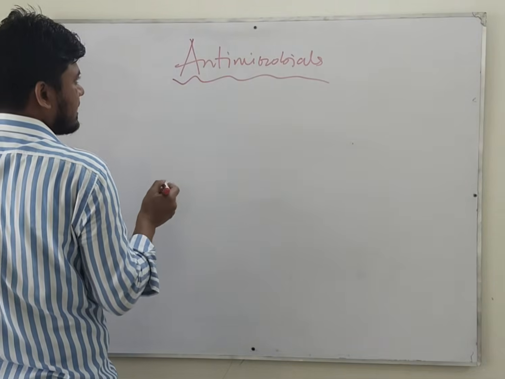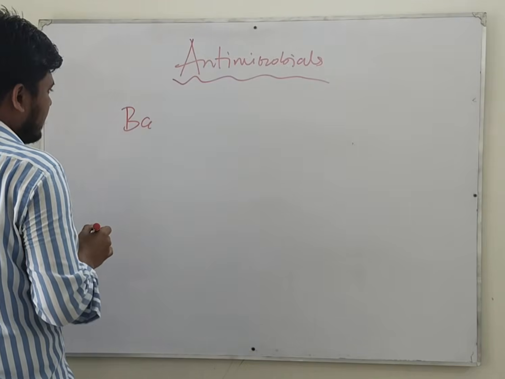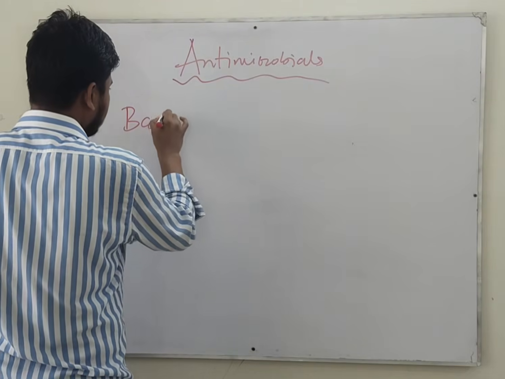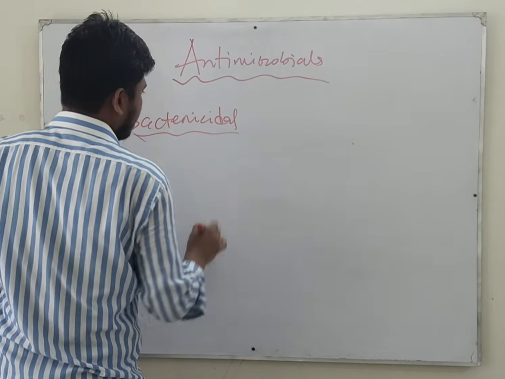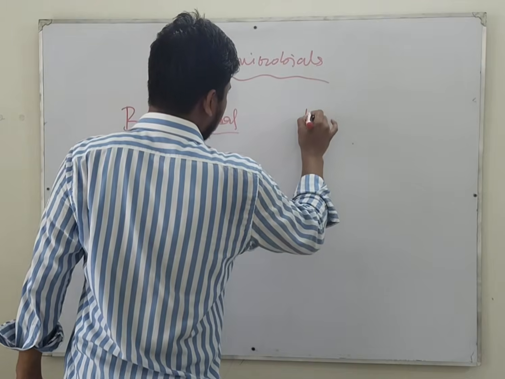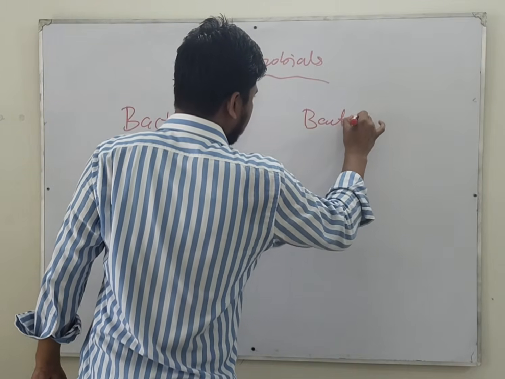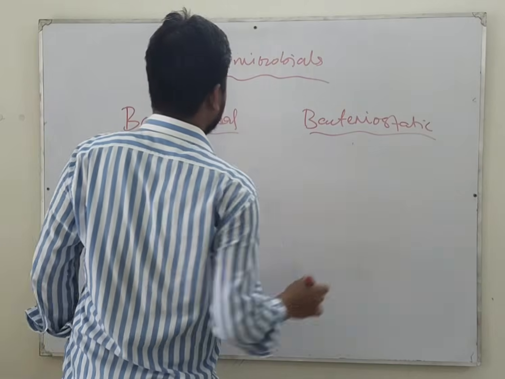Now come to another classification of antibiotics. Some antibiotics kill microorganisms. They are called bactericidal antibiotics. Some inhibit growth of microorganisms. Those are called bacteriostatic antibiotics.